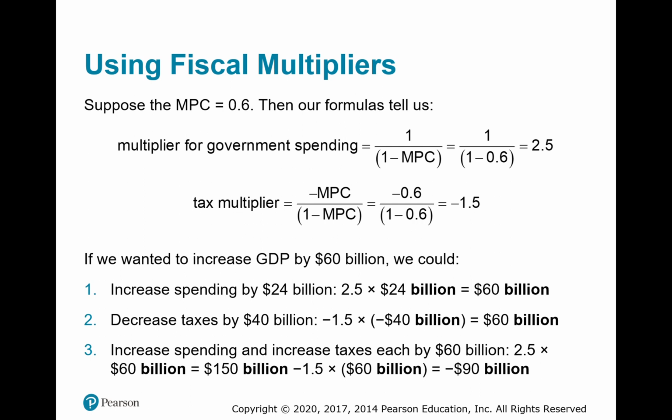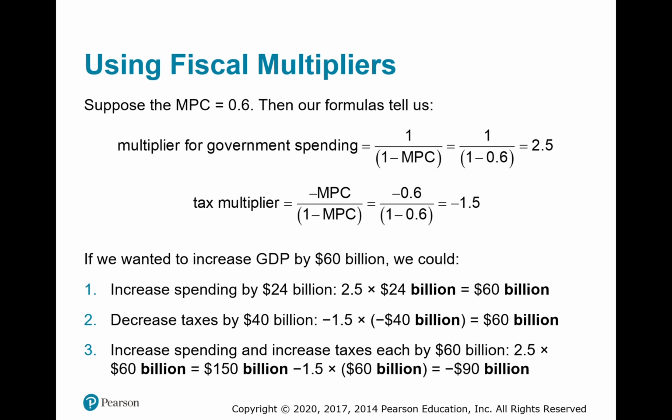But if you do an absolute value, notice that 1.5 is less than 2.5. It's a smaller situation. So now let's say we want to increase the economy, or increase our GDP, by $60 billion. We could, first, increase our government spending by $24 billion, which by doing the multiplier, we can then figure out that that's going to lead to an overall $60 billion increase after all the multiplications apply.